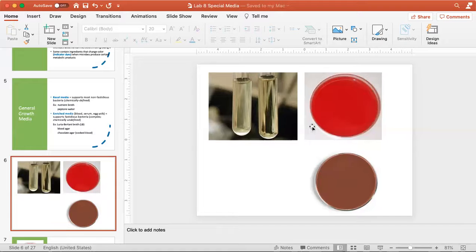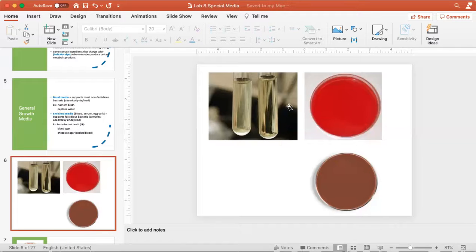And we know that this plate has fresh blood in the agar because it has that lovely cherry red color. Down at the bottom, this is a chocolate agar plate. So this plate, the agar has blood in it, but it's blood that's been cooked, and it turns that chocolatey brown color. This right here is Luria Bertani broth, or LB.